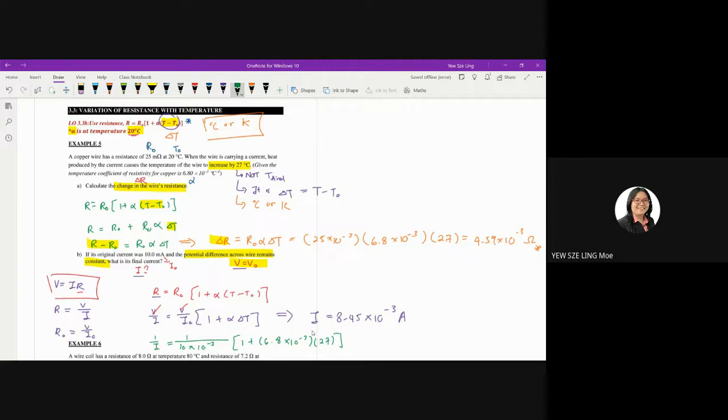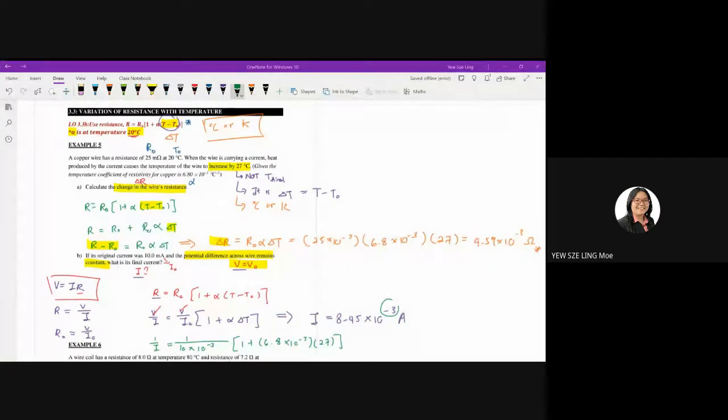You should obtain a negative value. 27 times 6 is 162.